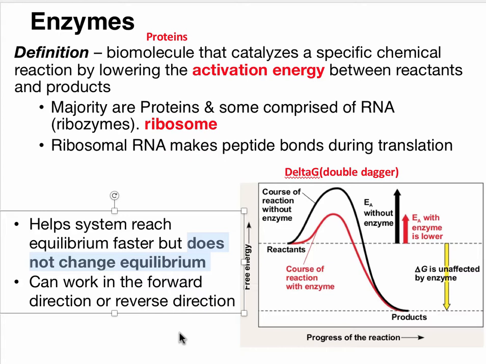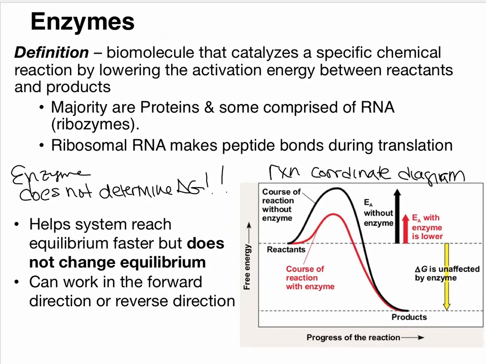This helps the system reach equilibrium quicker, and they can work in the forward and reverse direction. So it's very, very important that you realize that enzymes do not determine the delta G. That means they do not determine whether a reaction is spontaneous or not. Right? Enzymes do not determine that.